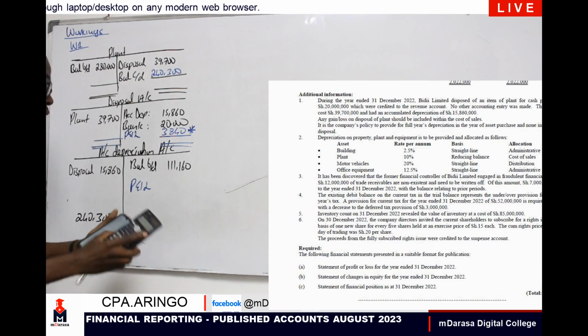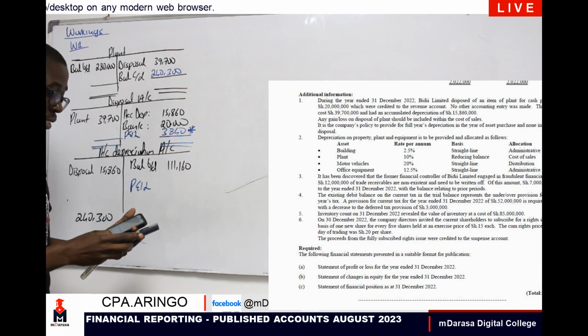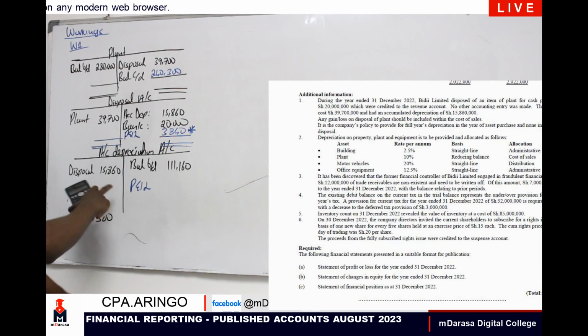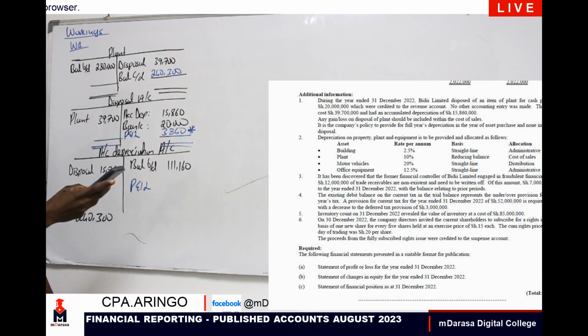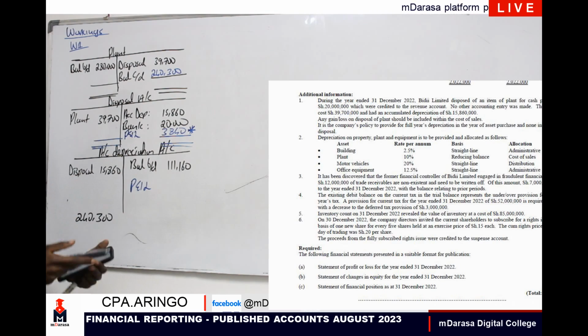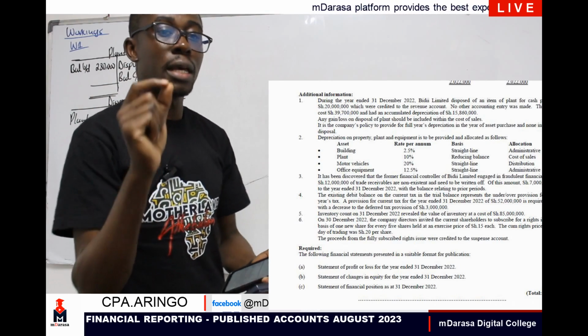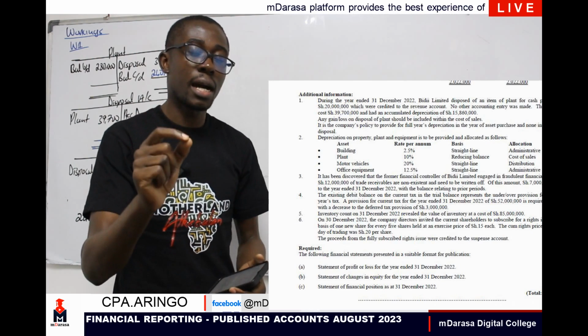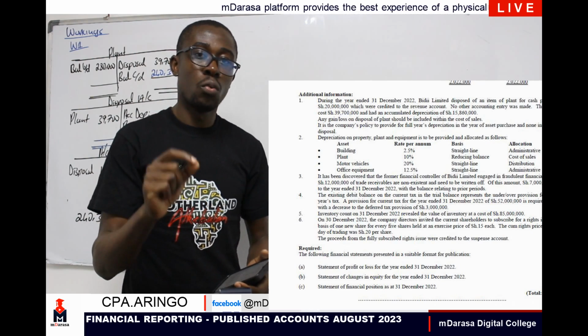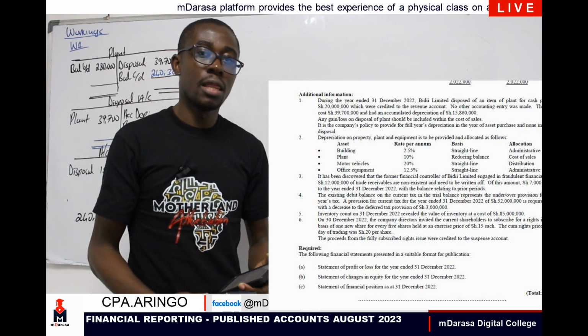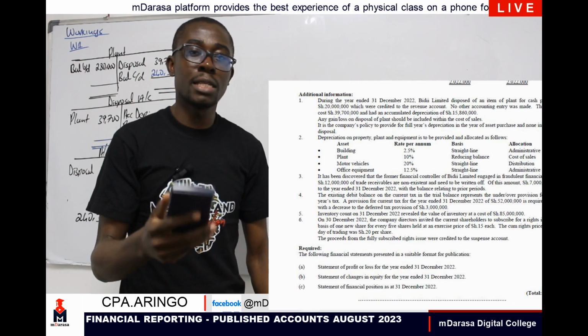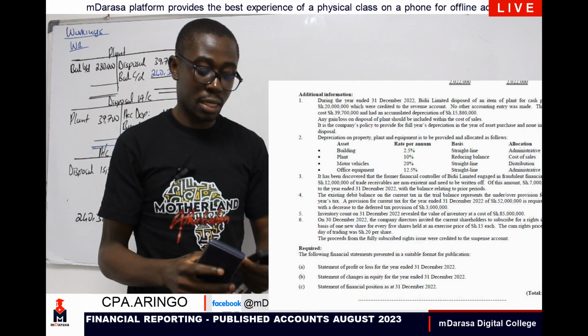We were having 111,160. But remember, we removed this asset, which had accumulated depreciation of 15,860. So minus 15,860, we can comfortably say that excluding the asset we disposed, our balance for accumulated depreciation was 95,300.